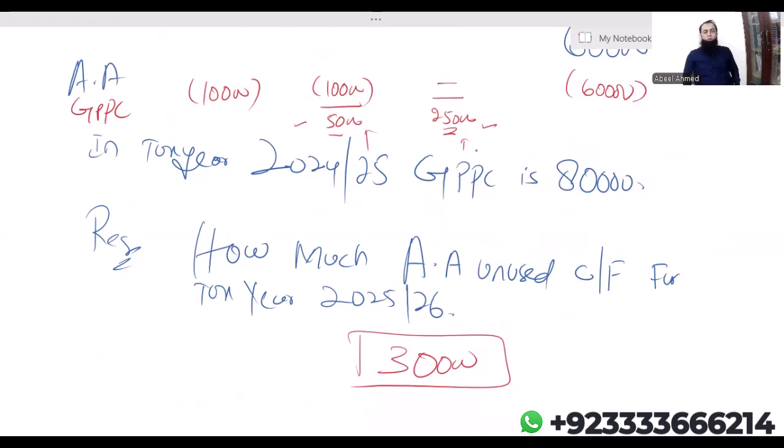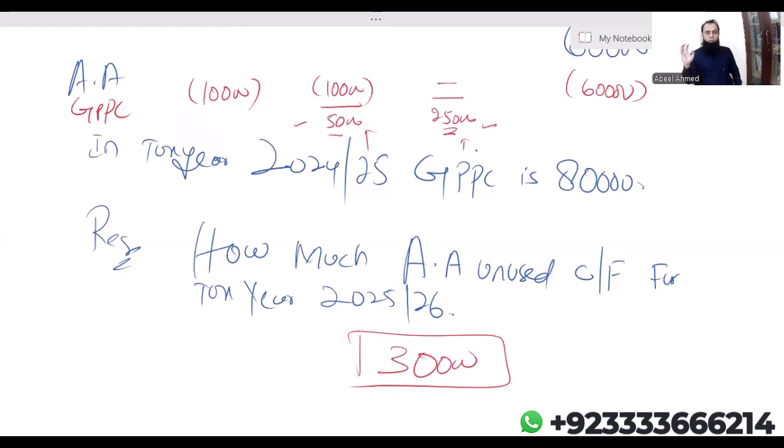If contribution is less than the annual allowance limit, then unused annual allowance limit is carried forward for 3 tax years and utilized on FIFO basis.